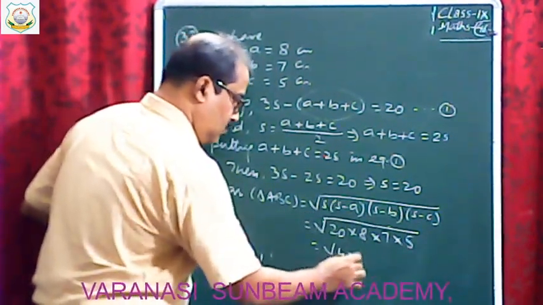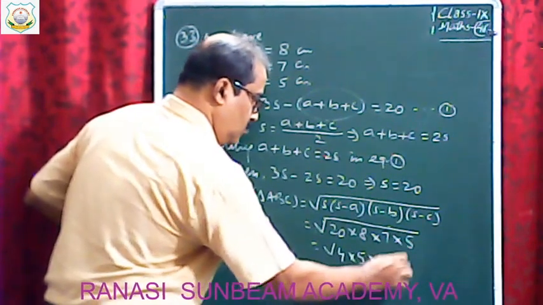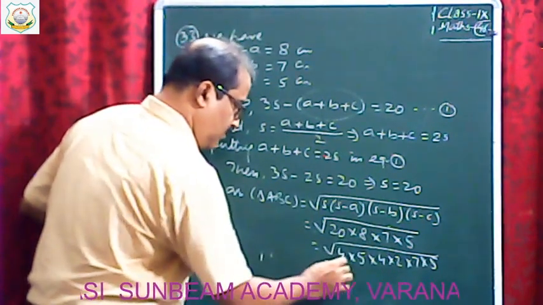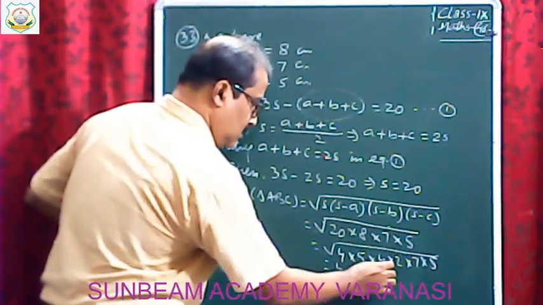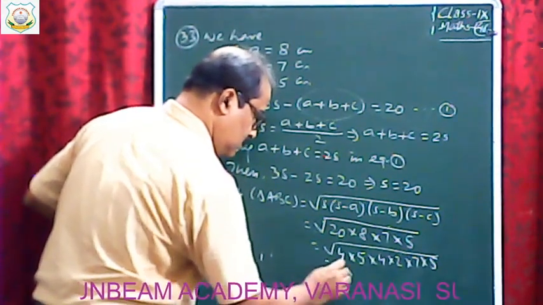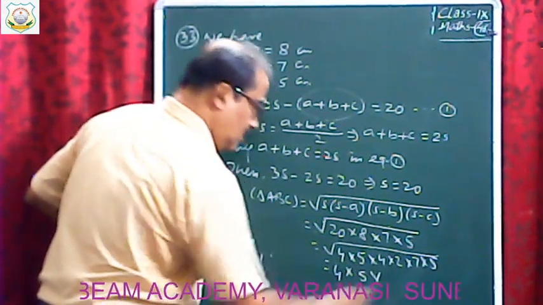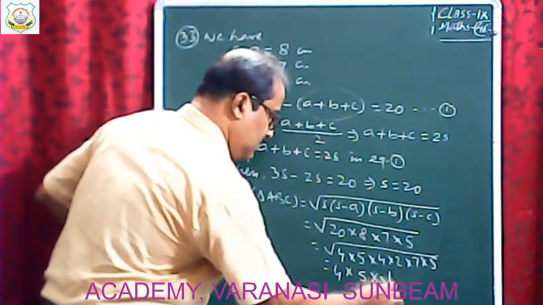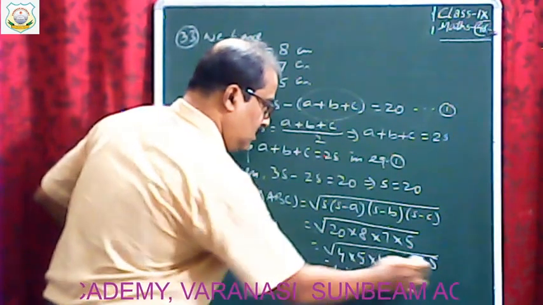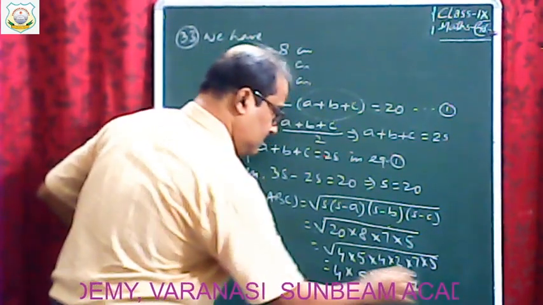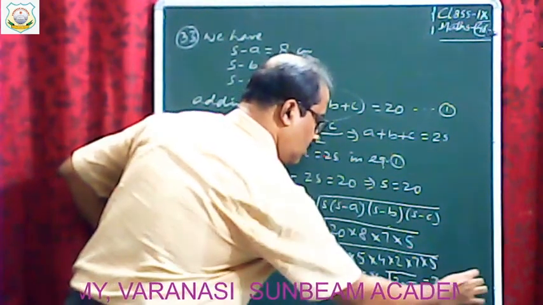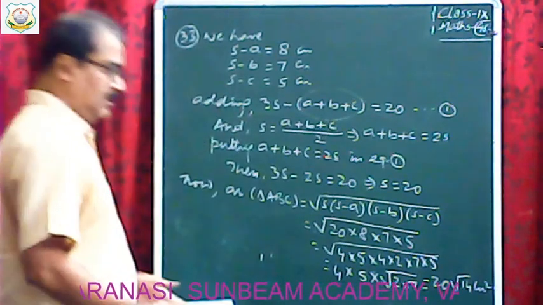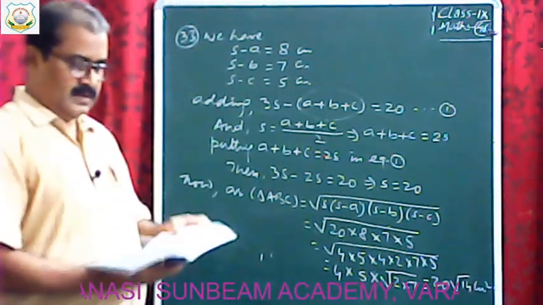So 4 into 5 is 20, 4 into 2 is 8, 7 into 5, we get a pair of 4 and a pair of 5. So what is left under the radical sign is 2 into 7. So finally 20 root 14 centimeters square is the answer. Okay, it is a little bit technical.